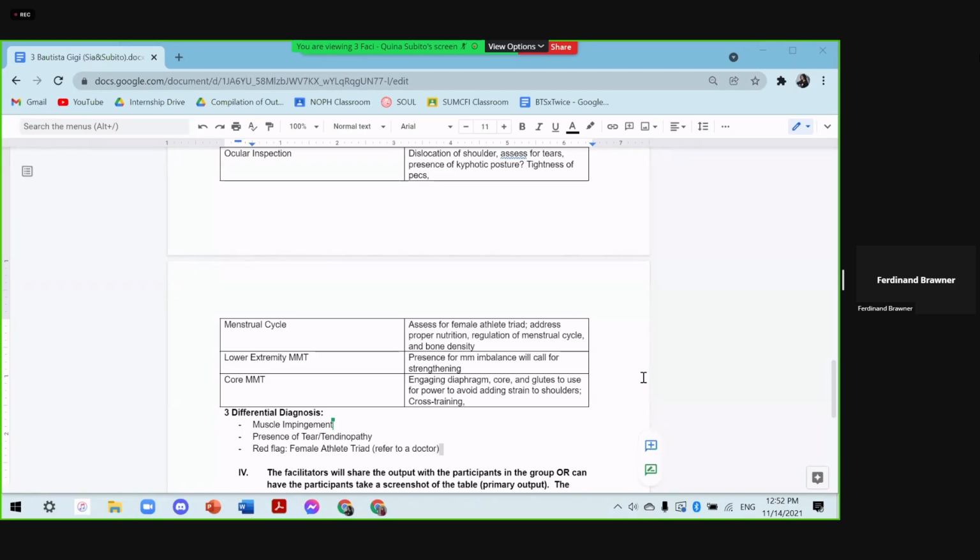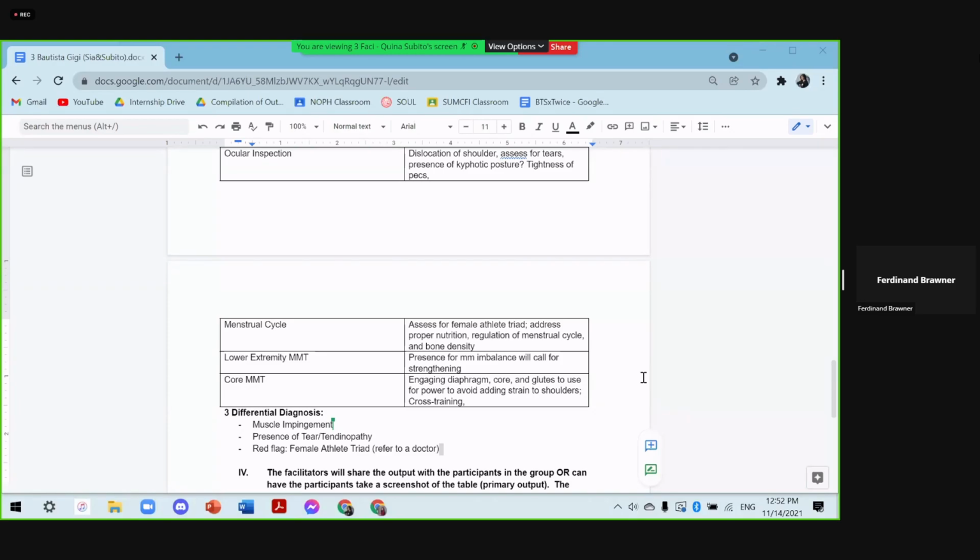Now, regarding the female triad, Dr. Gigi helped us with the female triad by, I think this is about the amenorrhea, bone density problems, and nutritional concerns.